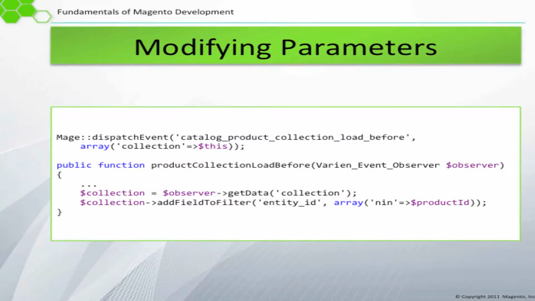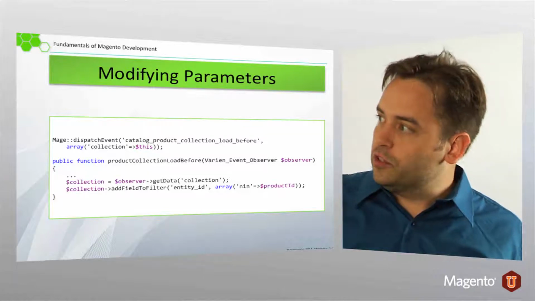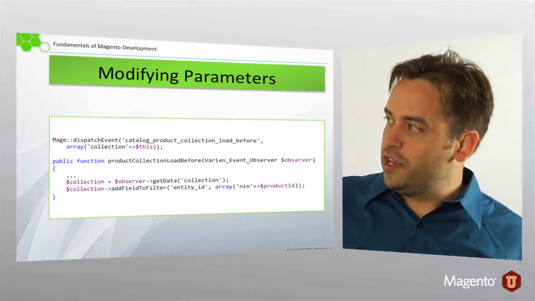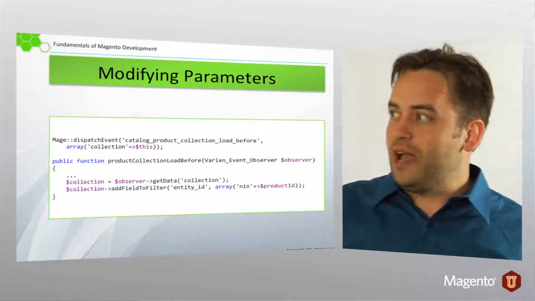All right, so what do we do inside an observer? Well, modifying parameters. In this case, catalog product collection load before. So this would be before a product collection is loaded. And here is what the code looks like. This string is just specified, and we're passing it in.